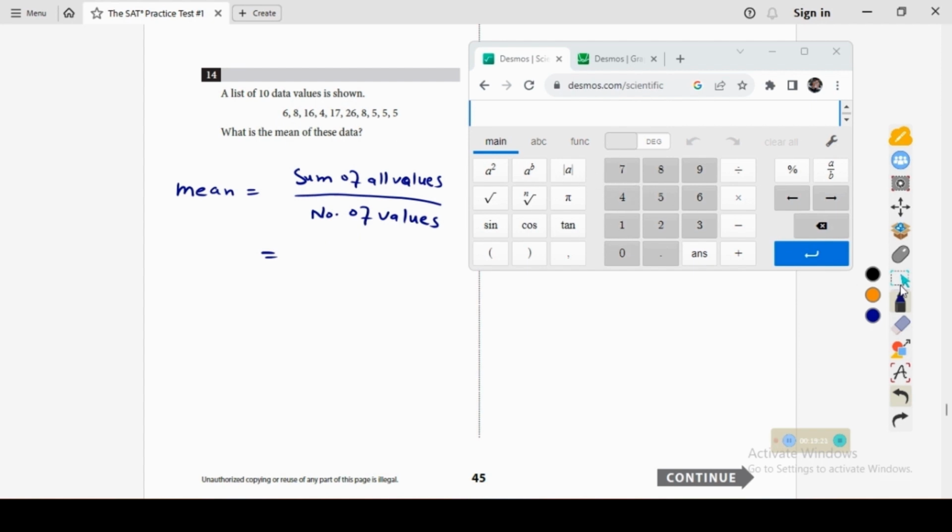It becomes 6 plus 8 plus 16 plus 4 plus 17 plus 26 plus 8 plus 5 plus 5 plus 5. So the sum of all the values is 100 and the number of values is 10. So the answer will be 10.